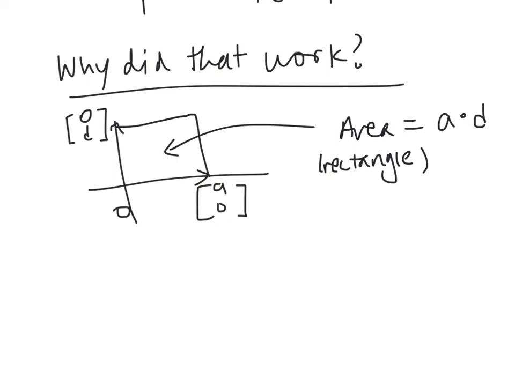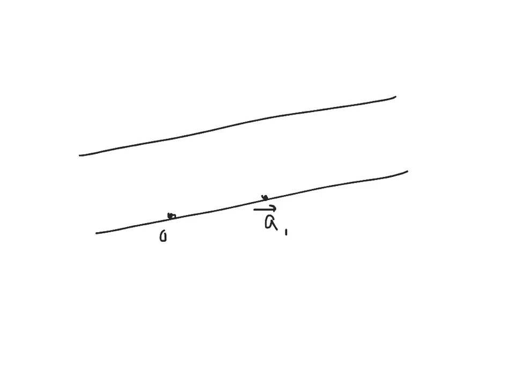So in order to generalize this, we need to think about the following situation. So let's imagine we have 0 and we have the vector a1. And we have this parallel line.